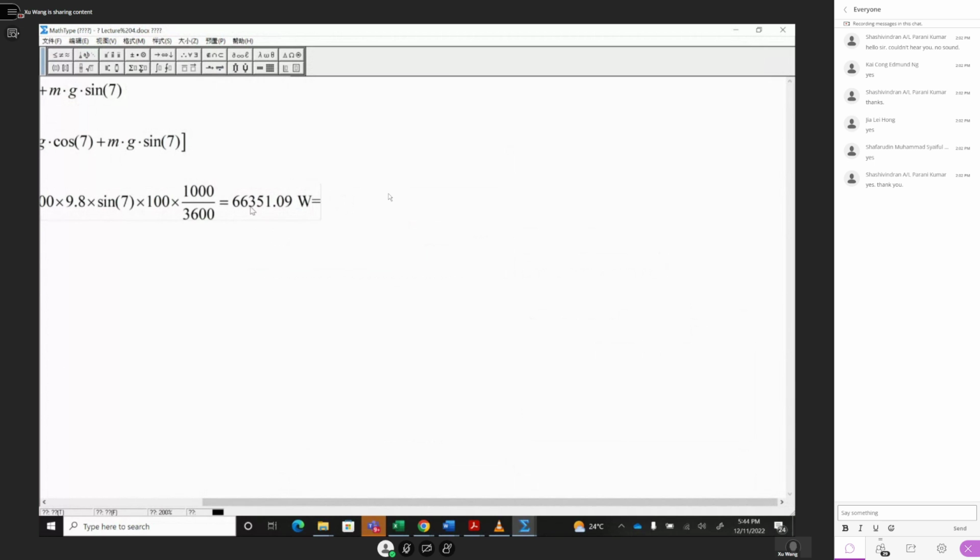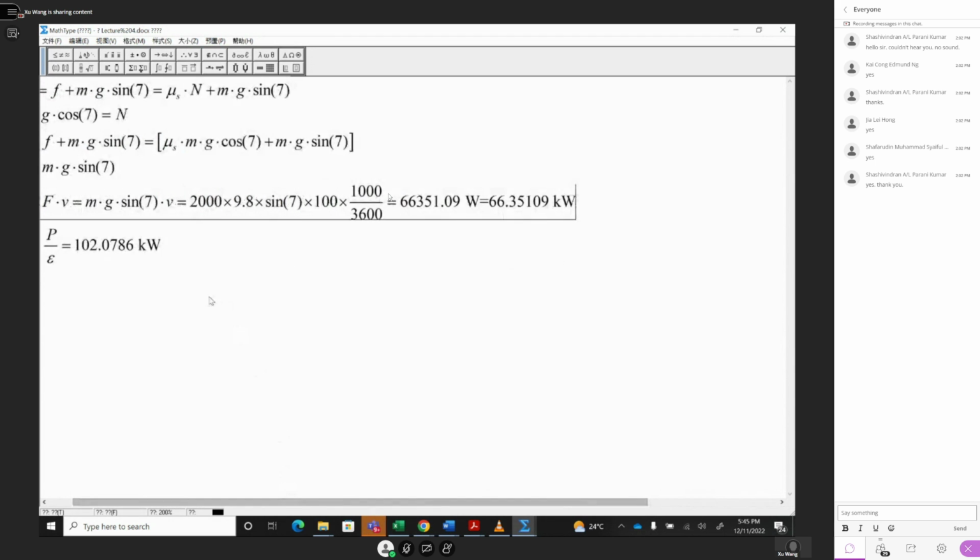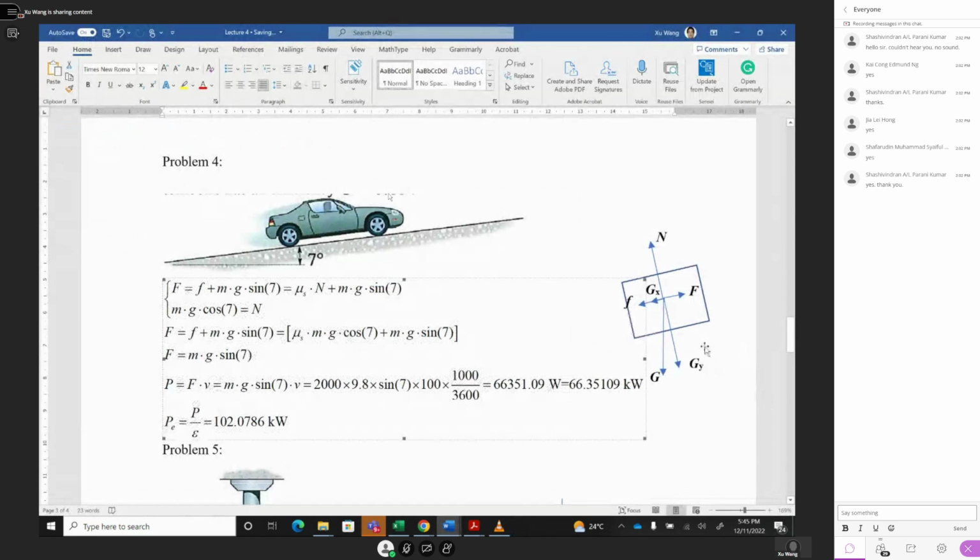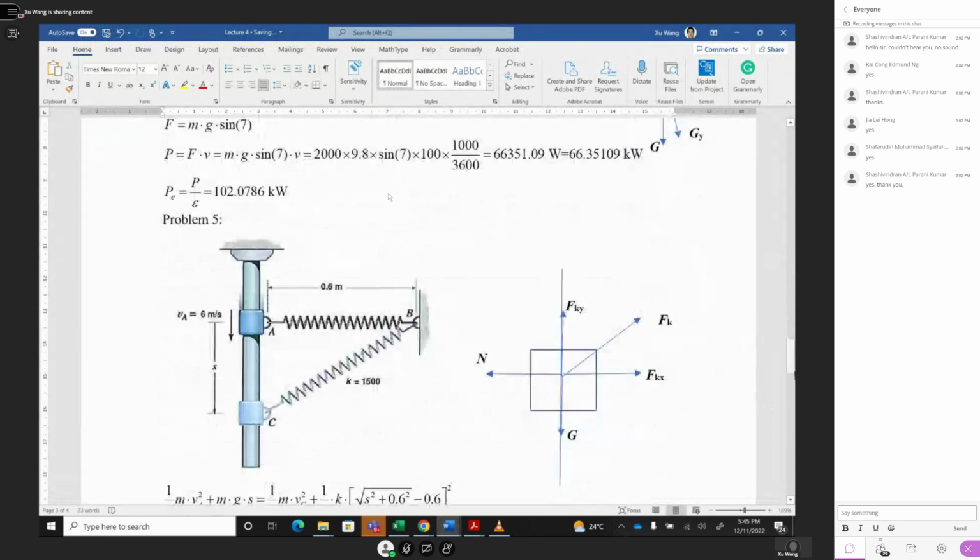Kilowatts is 66.35109, and this kilowatt value divided by 0.65 equals 102 kilowatts. That's where it comes from. All right, this is this question, and then we go to the next question.